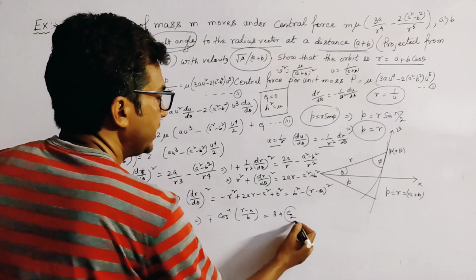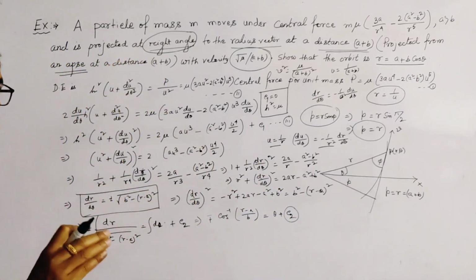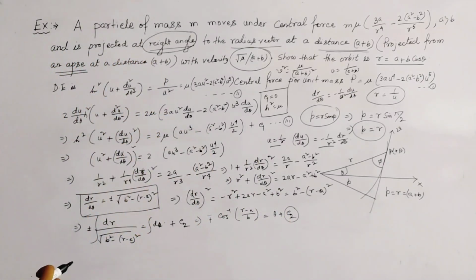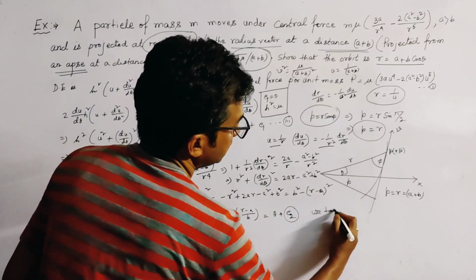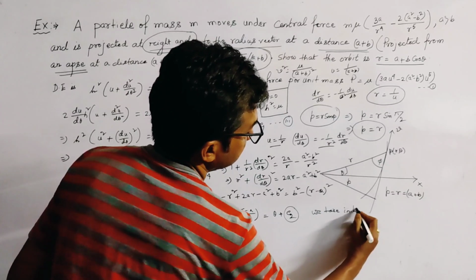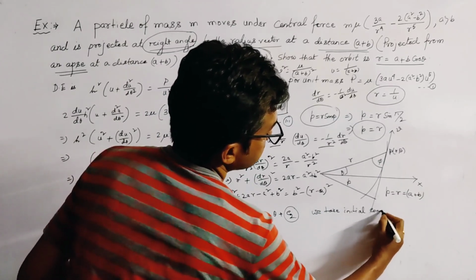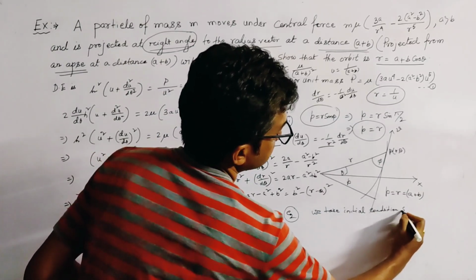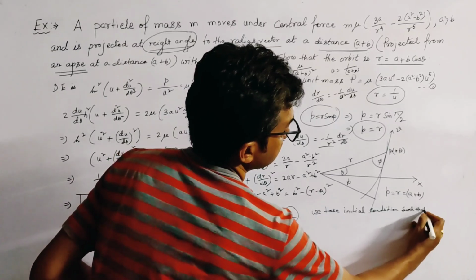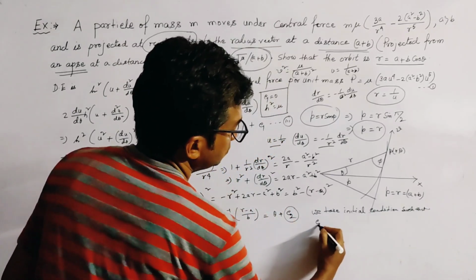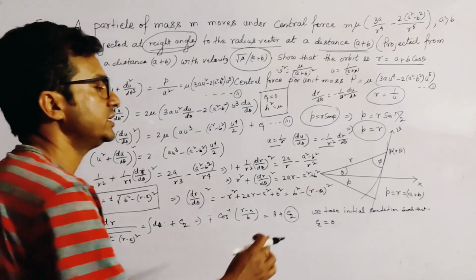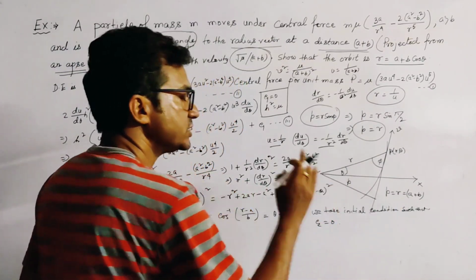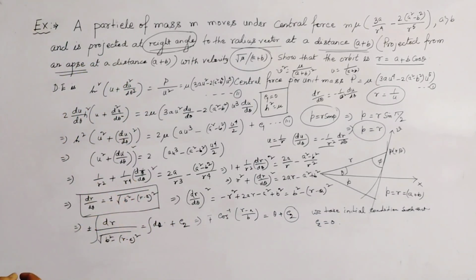Now to determine the arbitrary or integrating constant, we take the initial condition such that C2 is equal to 0.